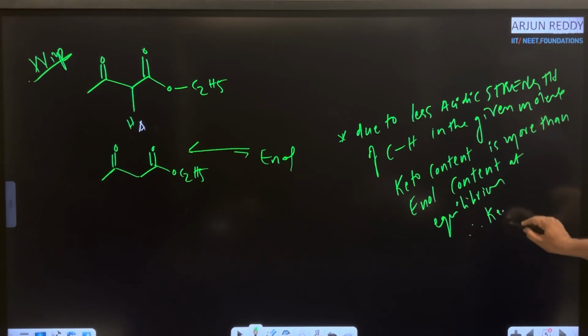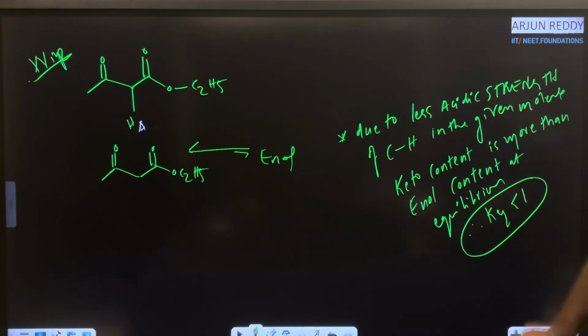Therefore, what is the equilibrium constant value? Less than 1. That is the story about the given molecule.